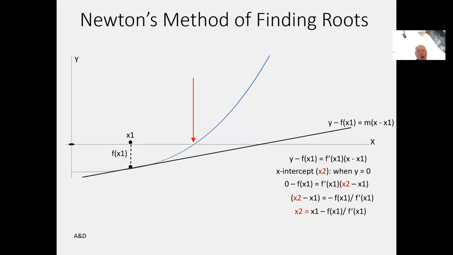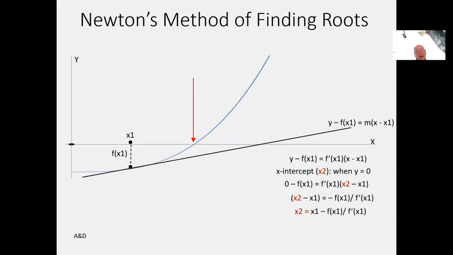Again, for you non-algebraists, don't worry about the algebra, take my word for it. For those who remember their algebra well, you can see this is very simple algebra. And there's x2. Not only is the tangent line completely dependent upon x1, we're not surprised that x2 is completely and solely dependent upon x1.